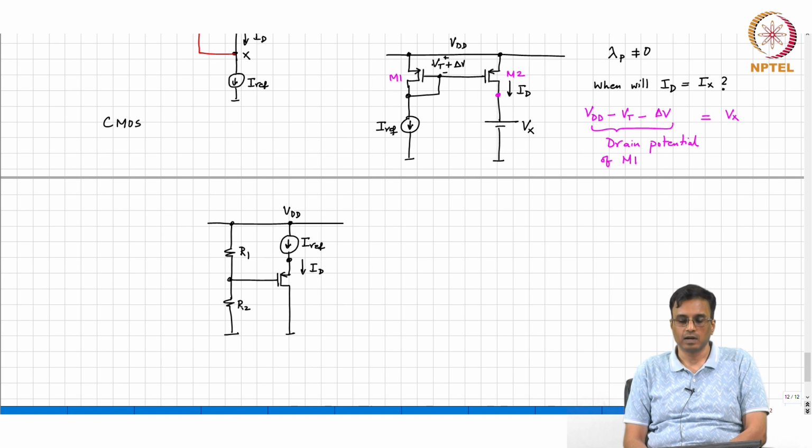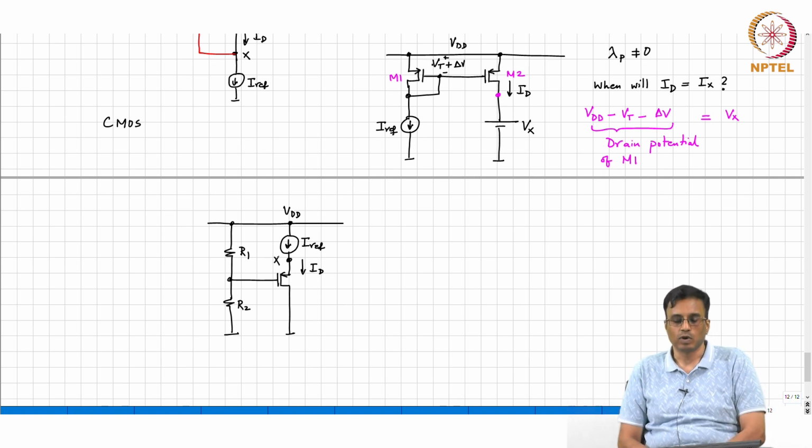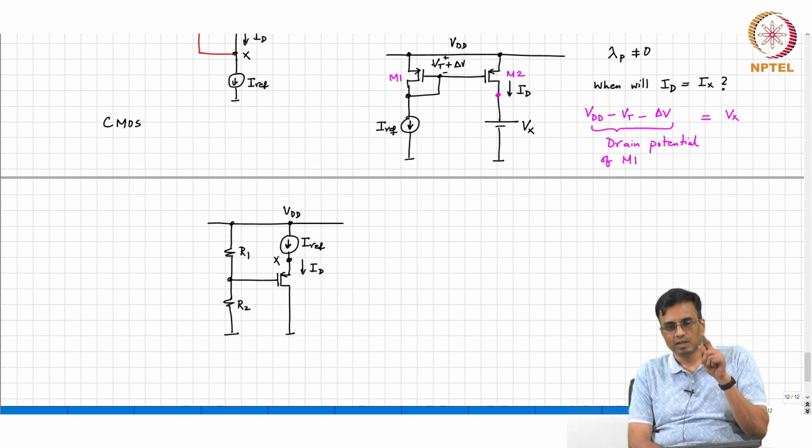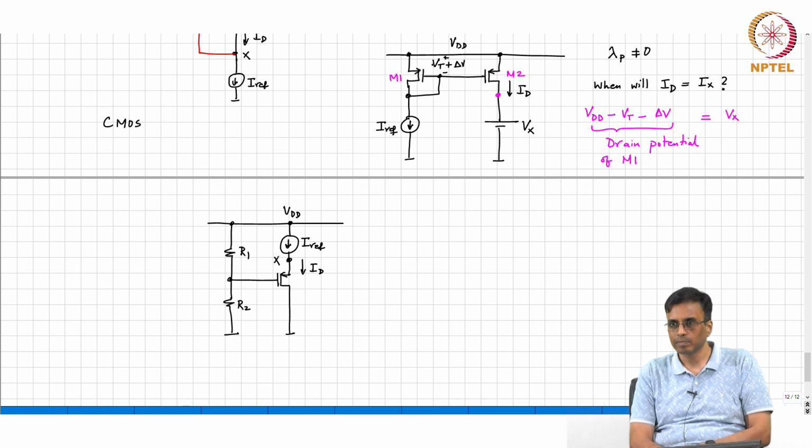So, you monitor the potential of this node X. If Iref is greater than ID, Vx will tend to increase, it means the source potential was too small in the first place, and therefore, just the act of connecting that Iref in the source as shown here automatically ensures that Vx will move in the right direction so as to keep ID equal to Iref.